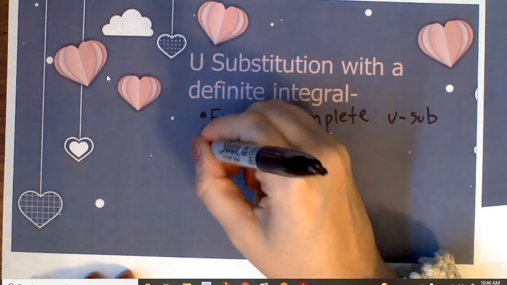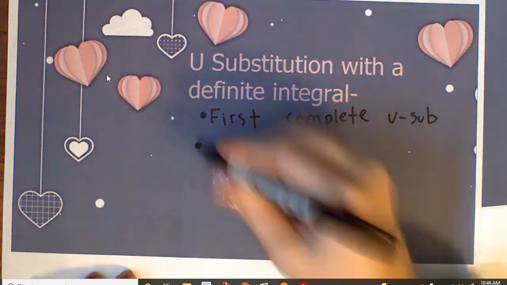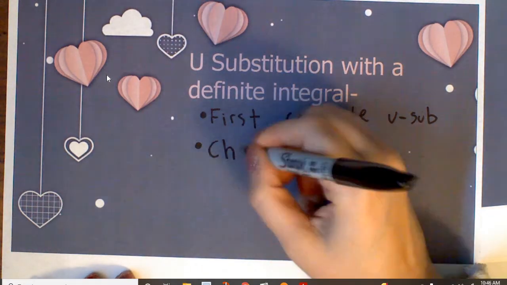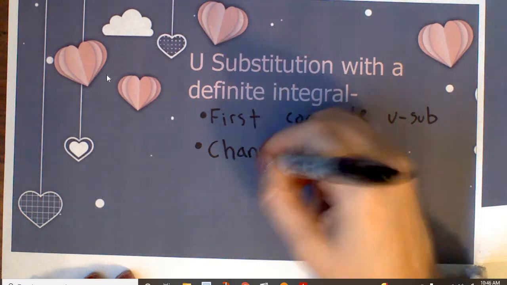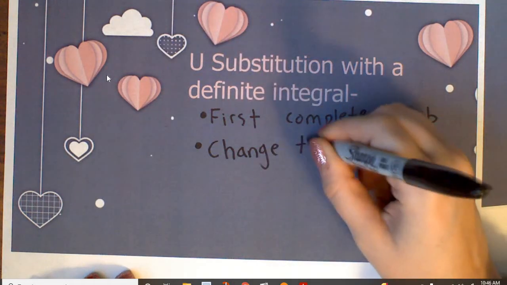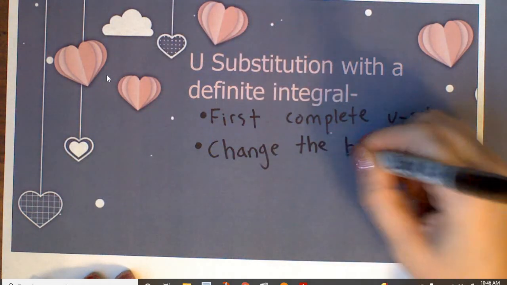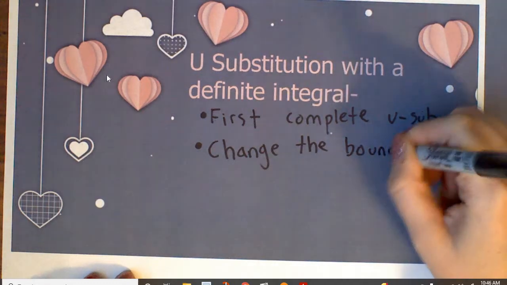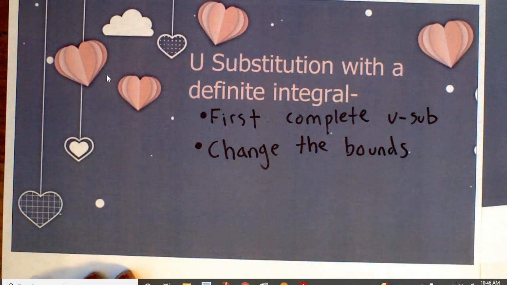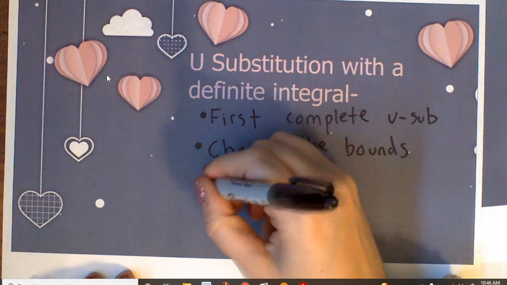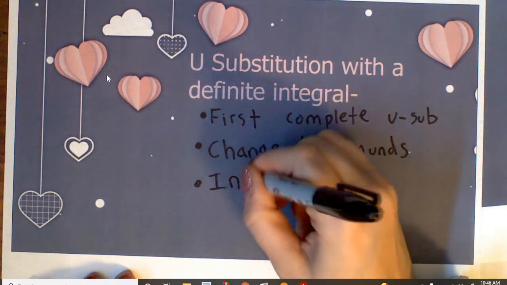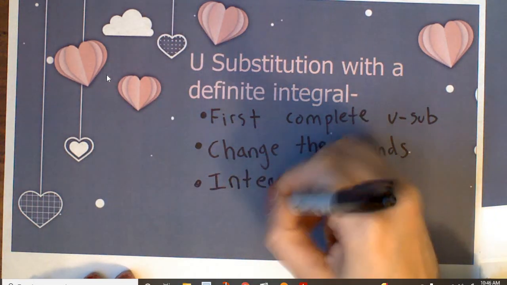The part that's different this time is that because we have bounds, those bounds are in terms of x. We need them to be in terms of U now. So we're going to change the bounds. And then lastly, we're just going to integrate as normal.